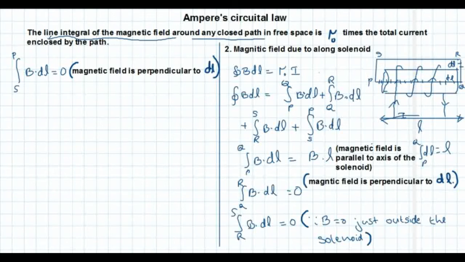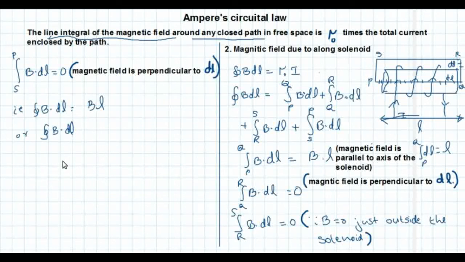So ultimately, the value of closed integral B dl will be only BL, right? B into L, because all other sections will give 0 value. Therefore, closed integral B dl is equal to BL.